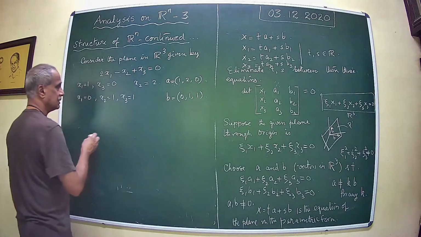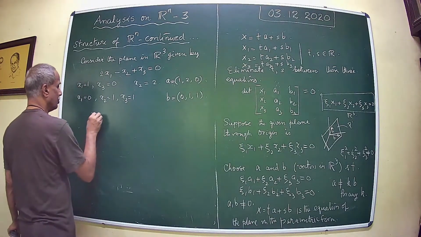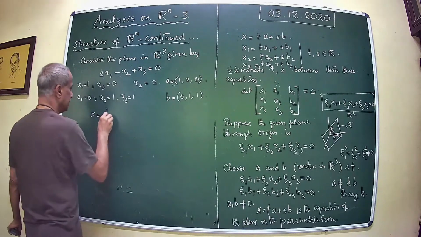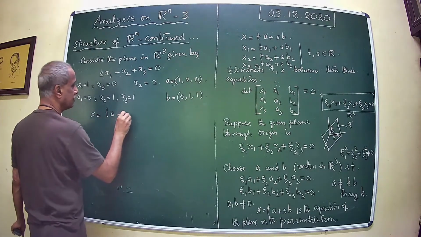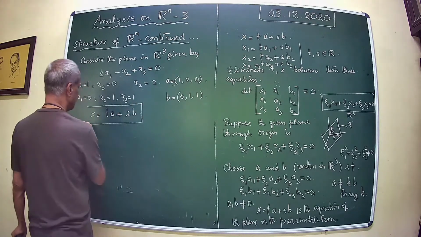Now you see that both A and B form a linearly independent set. So what is the vector equation of this? X is equal to tA plus sB. This is the equation.